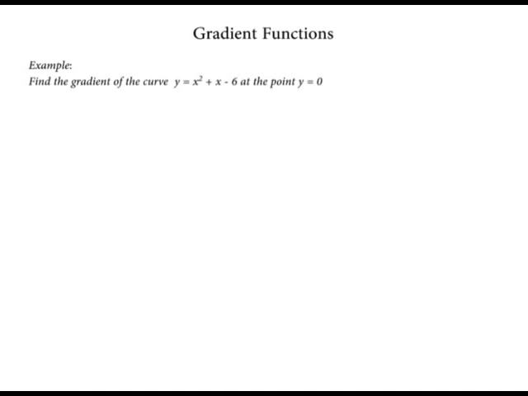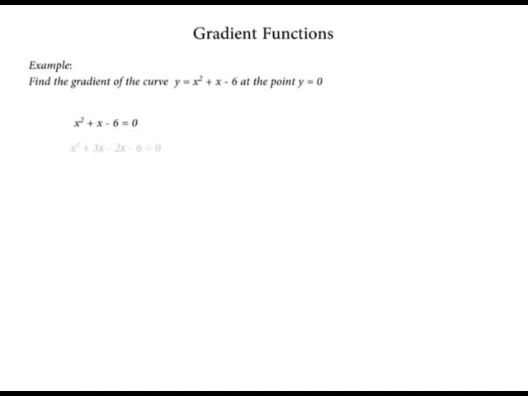So we find the x coordinate at the point y is equal to 0. This is a quadratic graph, and so we expect two values of x. Substitute y with 0, we shall have x squared plus x minus 6 is equal to 0. We solve the quadratic equation.